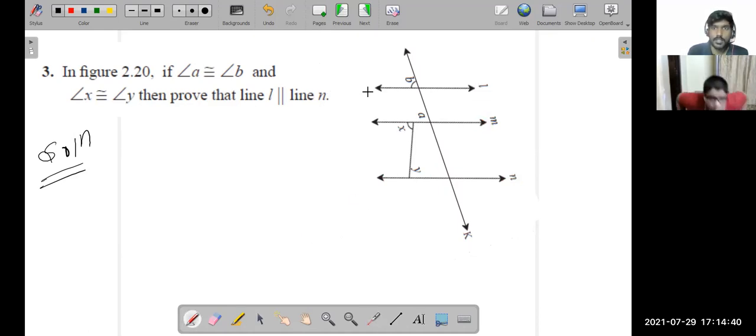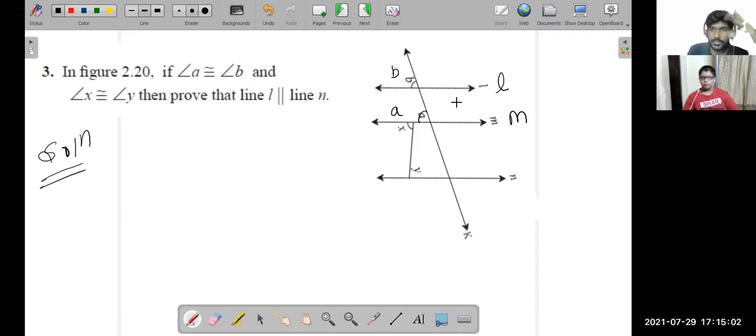This is B, and this is A. Which test will you use to show L is parallel to M?